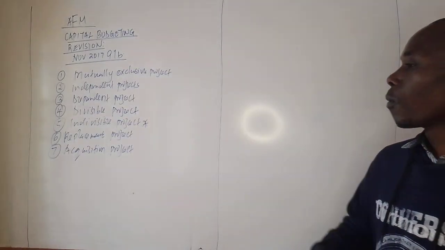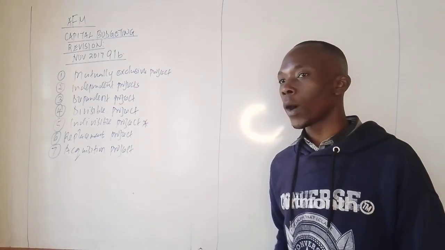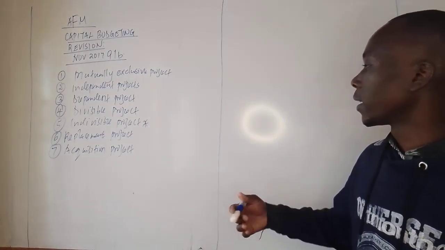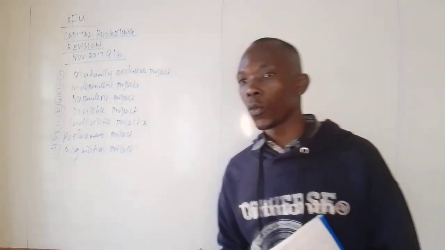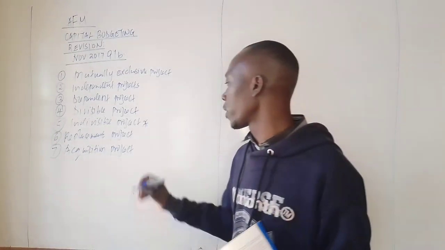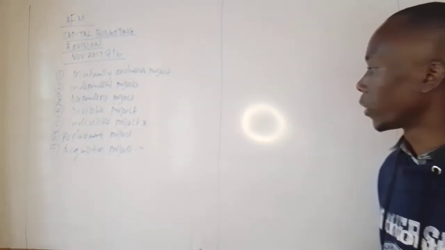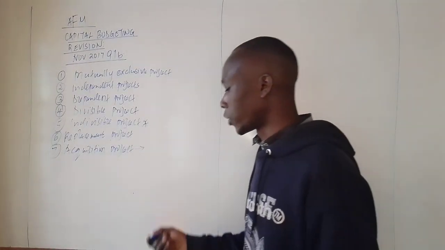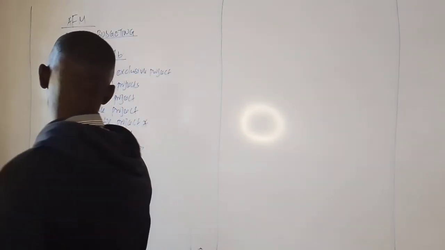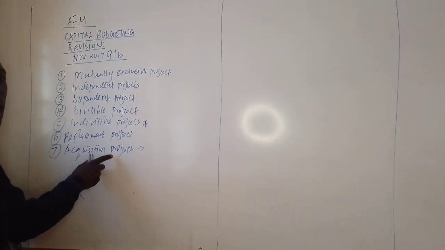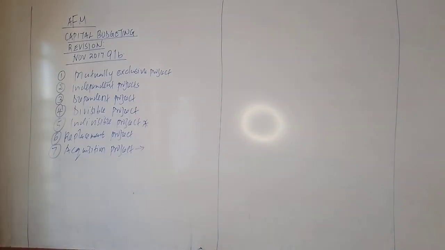This is where you buy or acquire an asset which was not there before. You acquire a new asset to the company, a new asset which has never existed before. We call them acquisition projects.